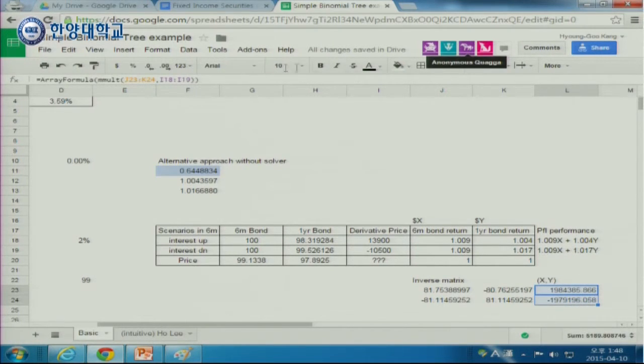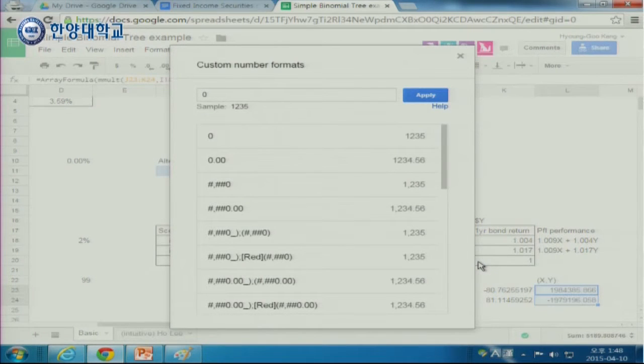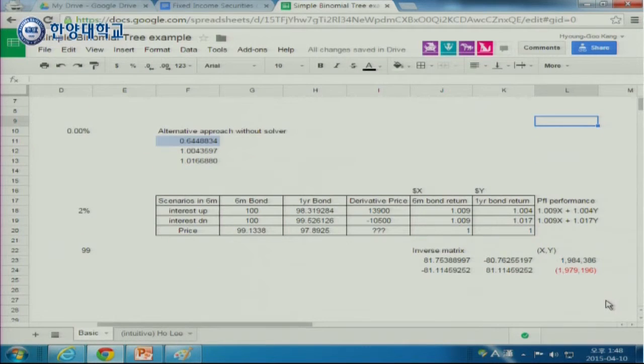So it means that if I invest about 1,000,009 something in X, and Y is negative, meaning we borrow this amount, then I can perfectly replicate this one.